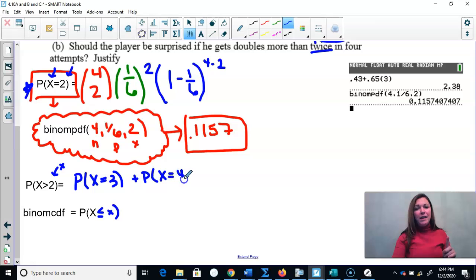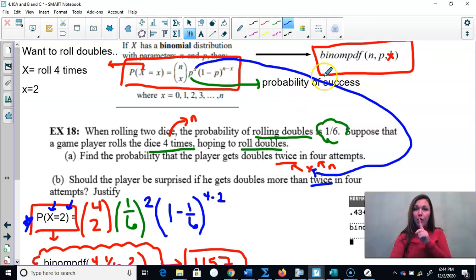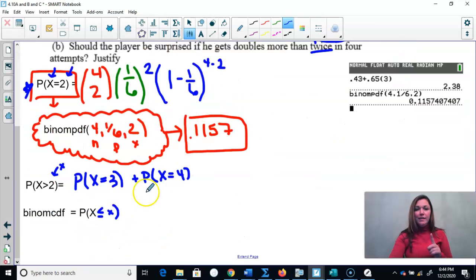That's not too bad. We could use a PDF. A PDF is always, always, always when we have an x is equal to something, not an inequality. A CDF is when we have an inequality, but it only works for a less than or equal to. Now, we have this greater than. We could do a PDF for this one and a PDF for that one and add them together.